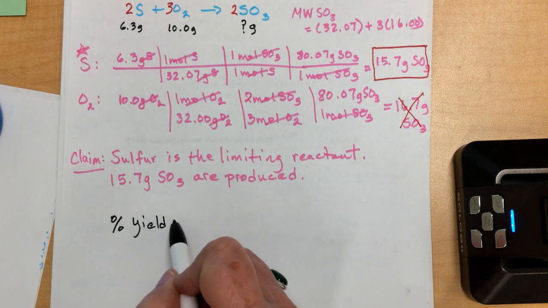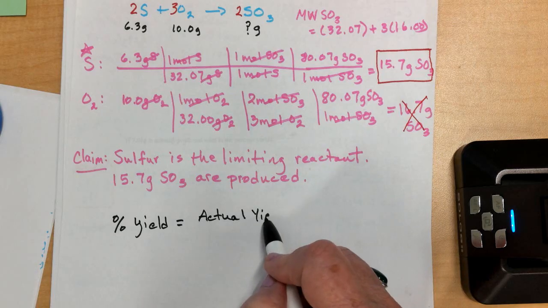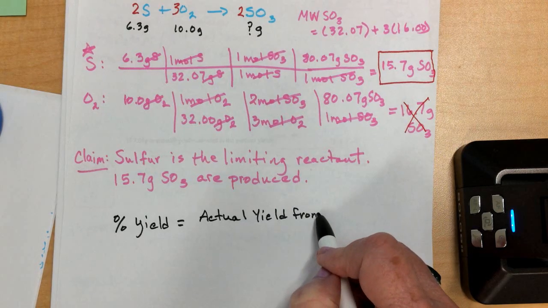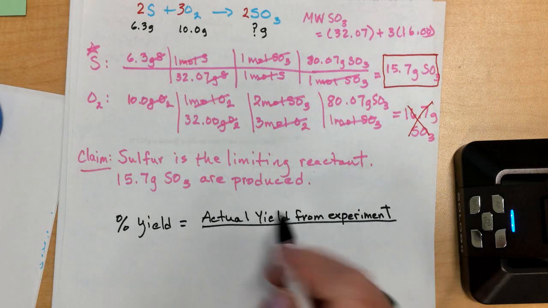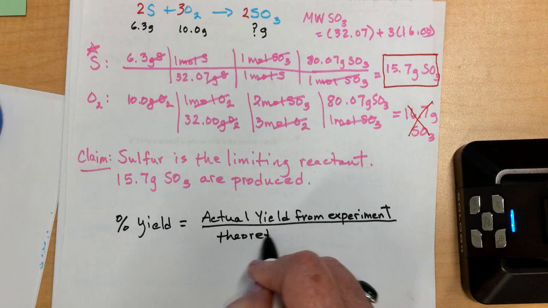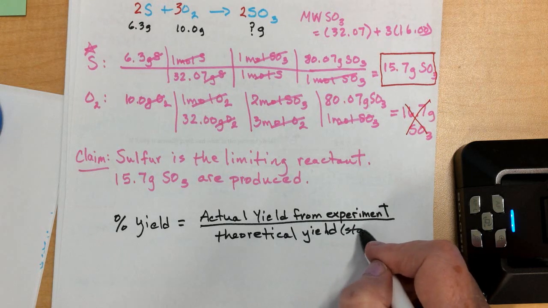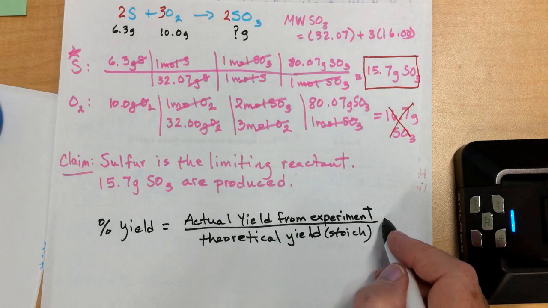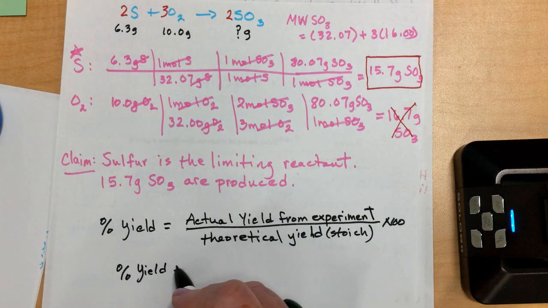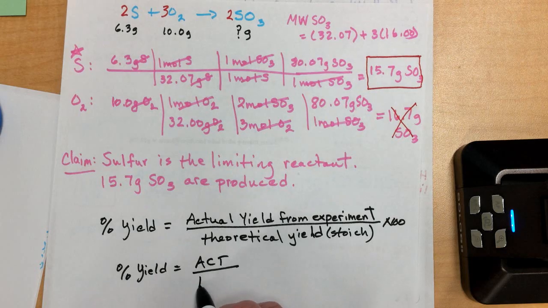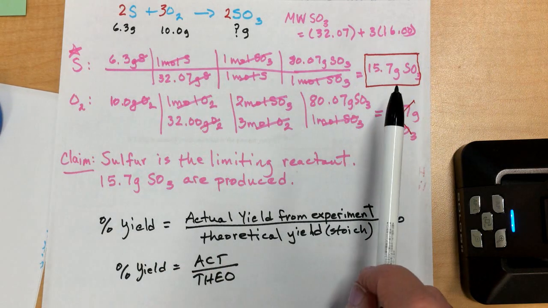Percent yield is the actual yield from the experiment over the theoretical yield, and that's stoichiometry, times 100. So a good way to think of this is percent yield is the meaning actual, over the theoretical, which is what you calculate from the stoichiometry. So this would be our theoretical.